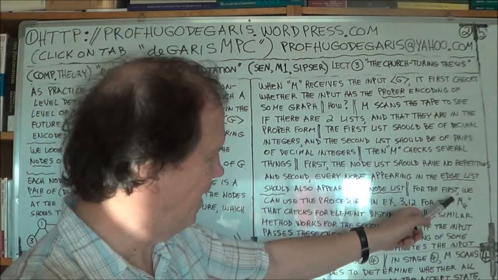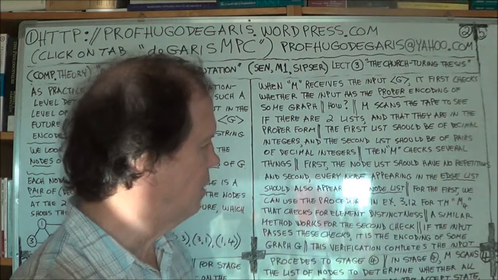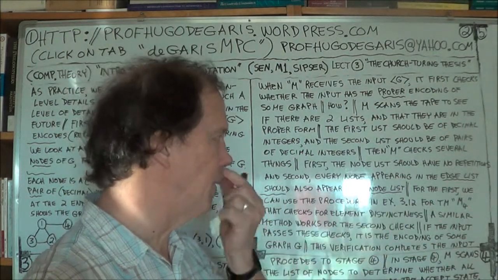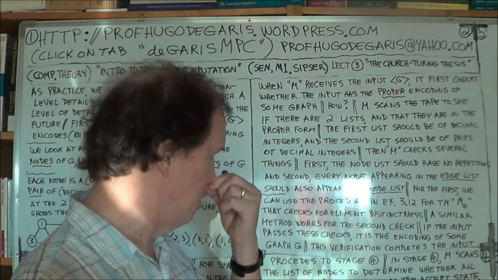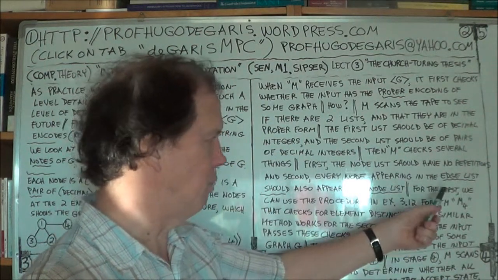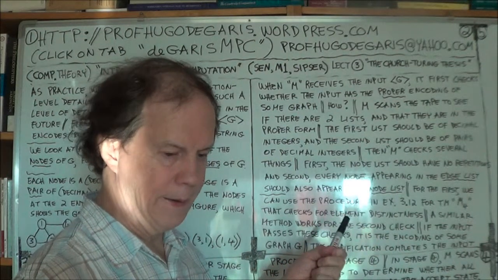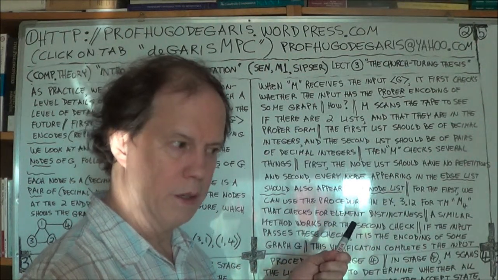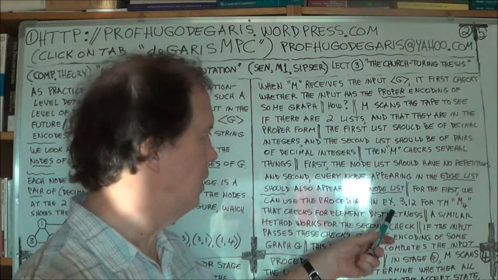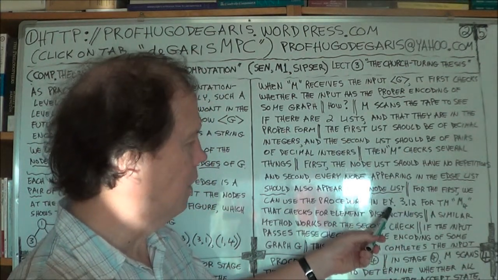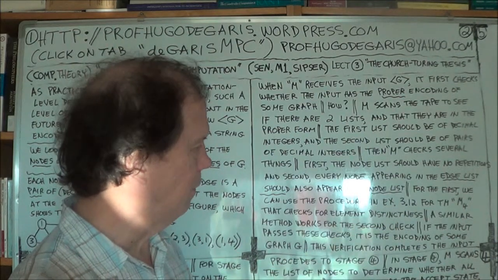Now going down, we're at the implementation level of detail. So how would you check that there are no repetitions of node numbers in the node list? Well, we did something like that in a previous exercise. Go back to example 3.12.